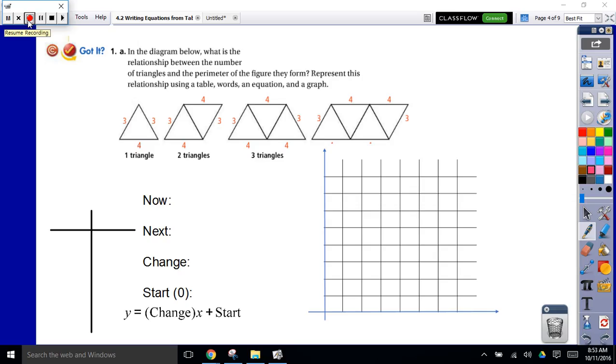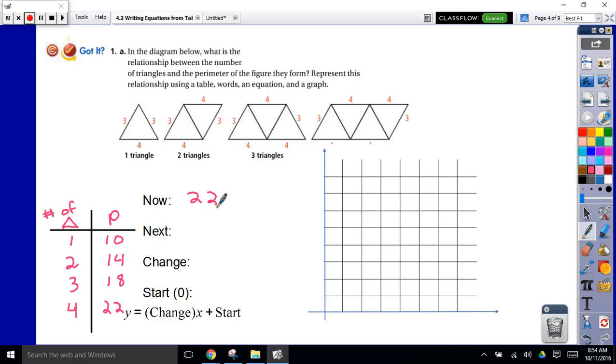We'll go kind of quickly since we're almost out of time. The table, I would put the number of triangles and then their perimeter. Okay, so if we have one triangle, we had a perimeter of 10. 2 triangles was a perimeter of 14. 3 triangles was a perimeter of 18. And 4 triangles was a perimeter of 22.